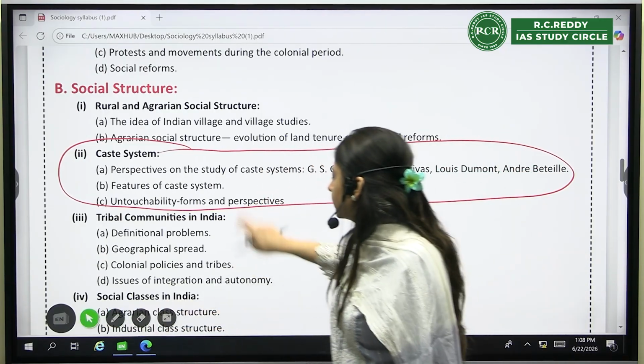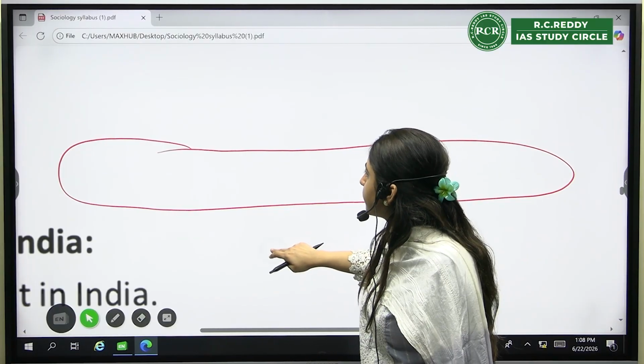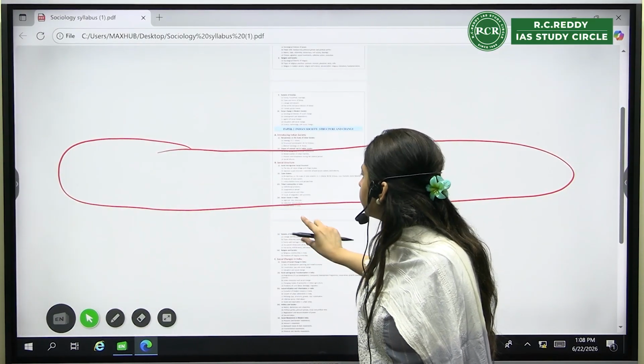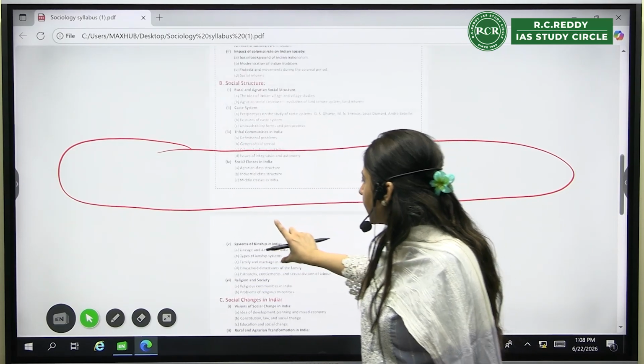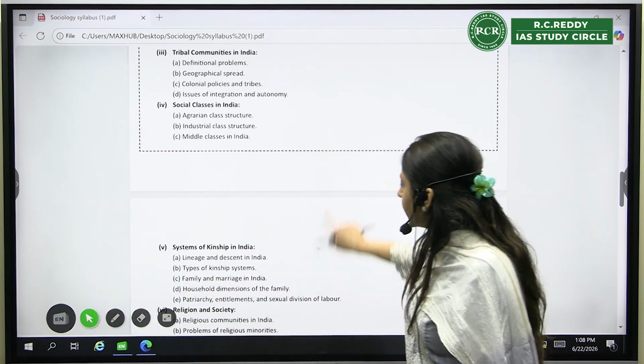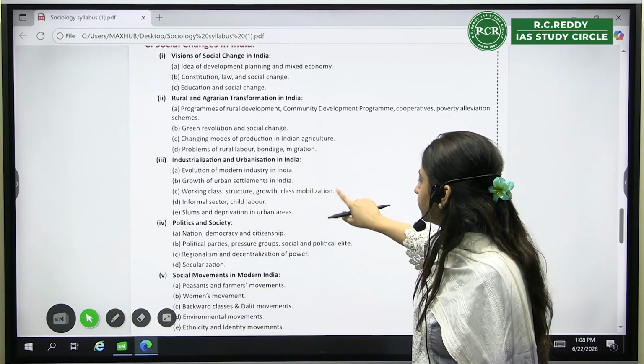Then in politics and society in paper 1, we did social movements. So here we will be doing social movements in India.